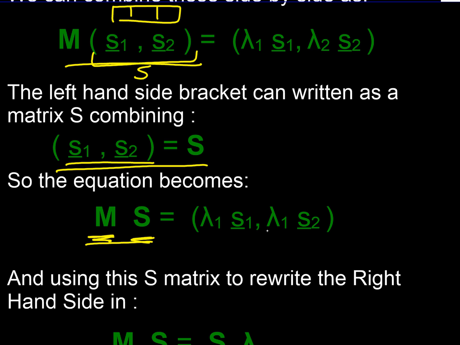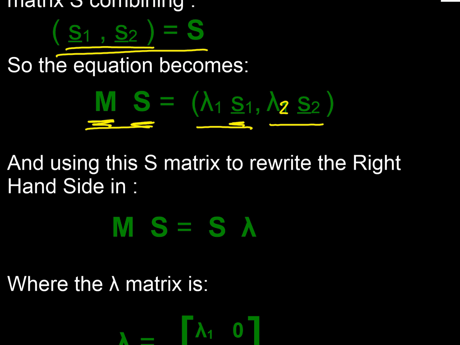On the right-hand side, it's not so obvious, but in the first column we just have lambda 1 times our S1 eigenvector, and in the second column we would have our lambda 2 times our S2 terms.